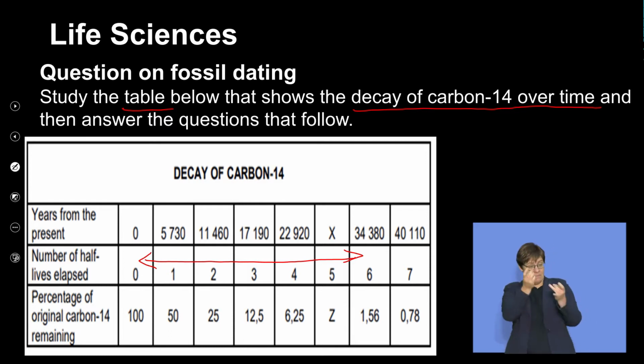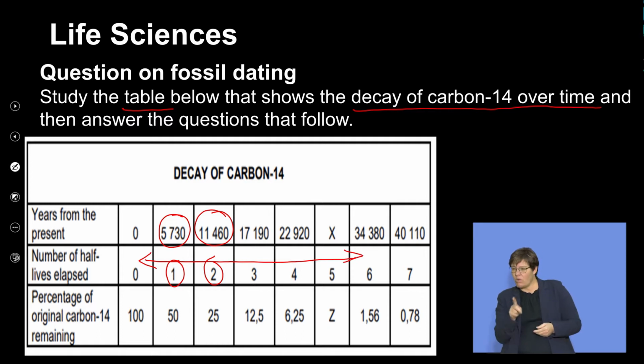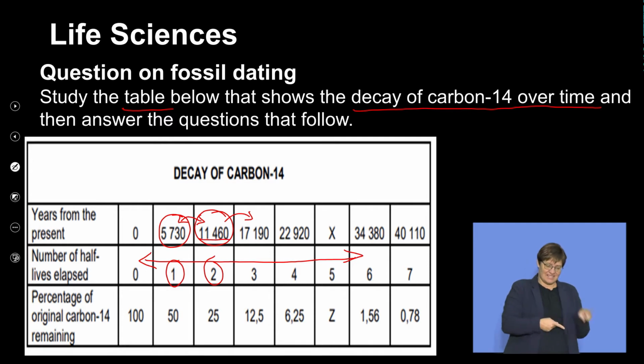It also tells us how many years ago. For example, 1 half-life is so many years. 2 half-lives is so many years. And if you have a look, it's actually just double that. If we have a look at this, it's that figure added to that figure.